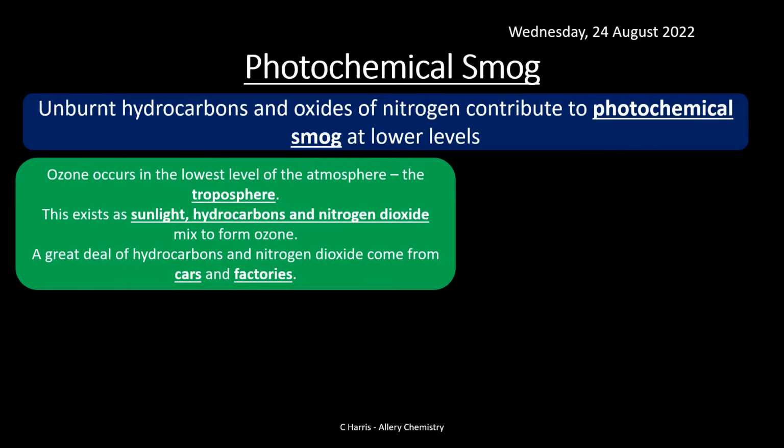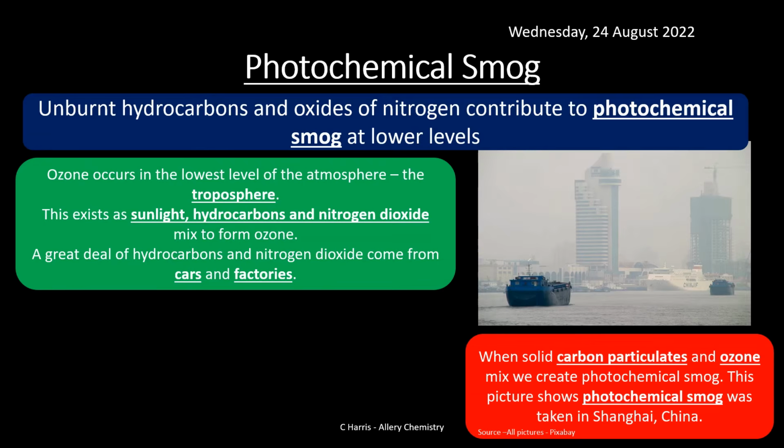So this exists as sunlight, hydrocarbons, and nitrogen dioxide mix to form ozone, and that's basically how it's created. A great deal of the hydrocarbons and nitrogen dioxide come from cars and factories, and this is where it creates a problem when it mixes with the ozone that's at lower levels. You can see an example of this photochemical smog.